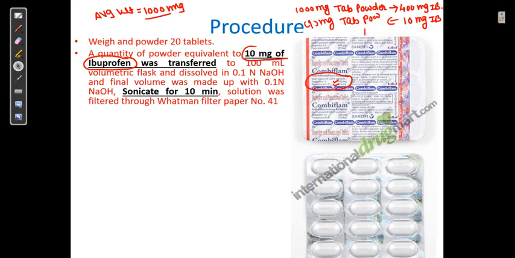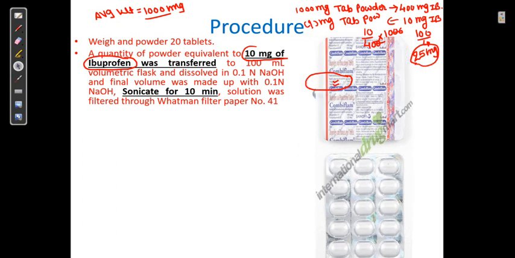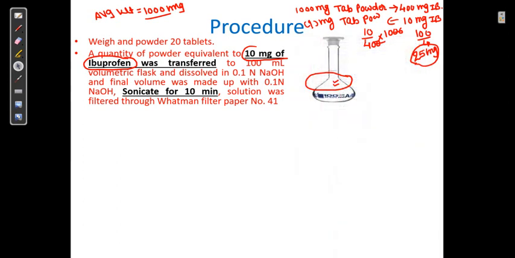So this is 10 divided by 400 into 1000. Ultimately the zeros cancel out, then we get 100 divided by 4, that is 25 milligram. So 25 milligram of tablet powder we need to take and transfer into a 100 ml volumetric flask.